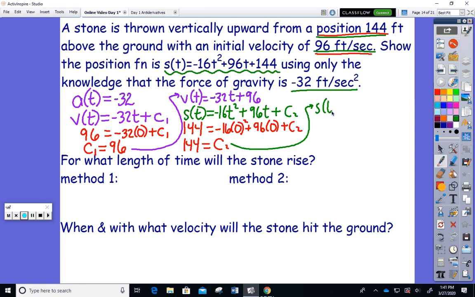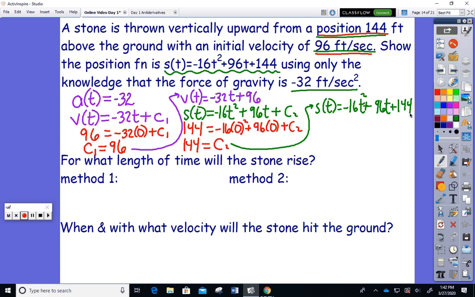Well, S of t is going to be negative 16t squared plus 96t plus your C sub 2, which we just calculated at 144. And guys, that matches the equation you were trained to use when you were in Algebra 2 and Pre-Calculus. How cool is it that now you know why you were doing all that?